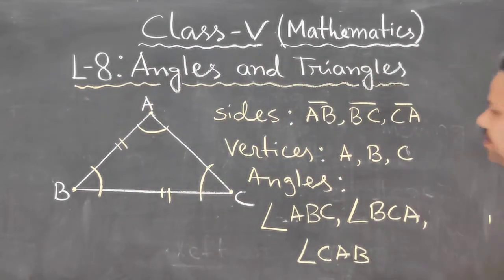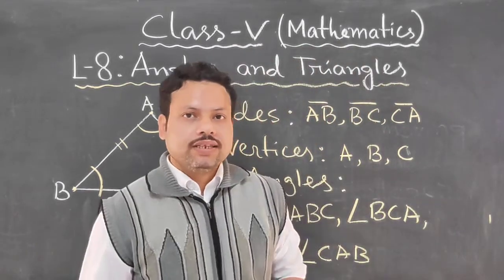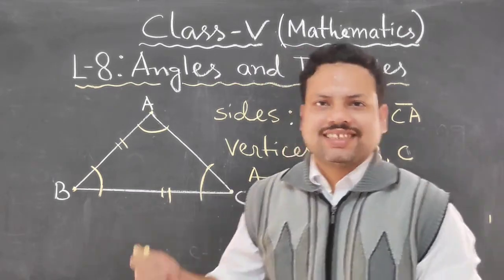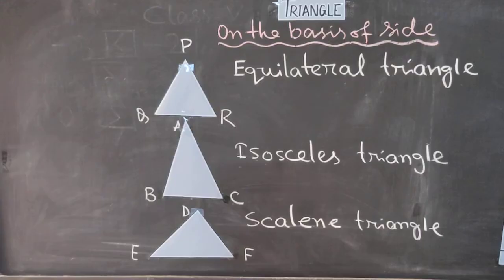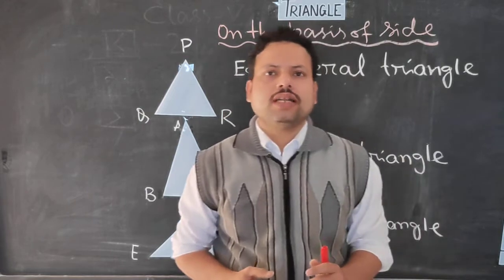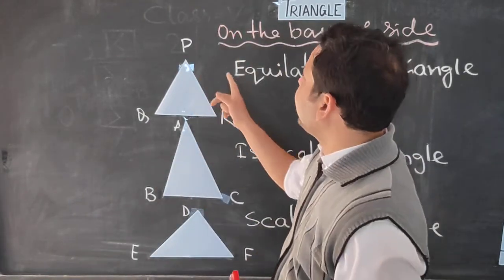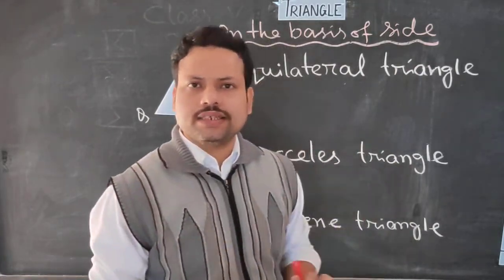Clear? Okay. Now we have to know the types of triangles. So let's start on the basis of sides. What types of triangles are there? Mainly three types of triangles are there on the basis of sides.